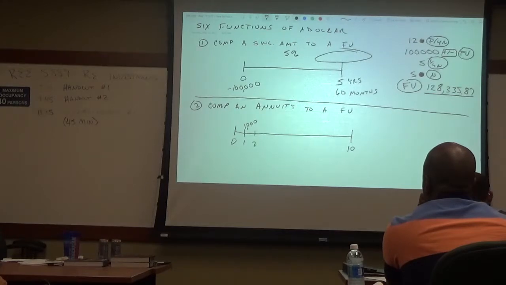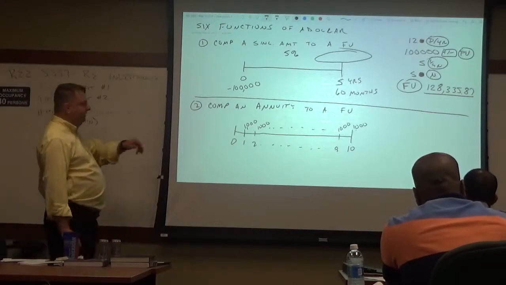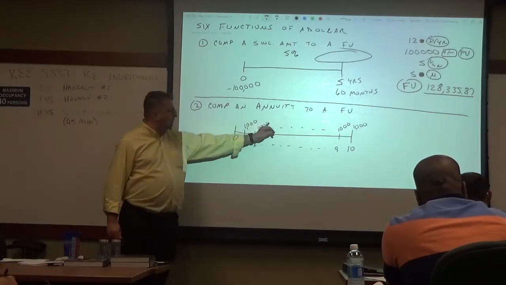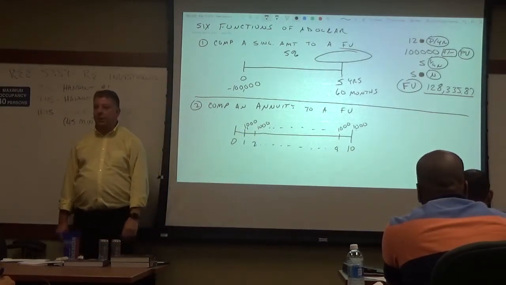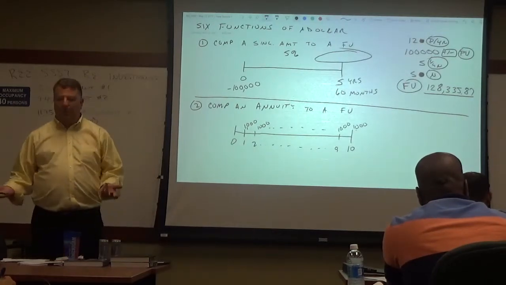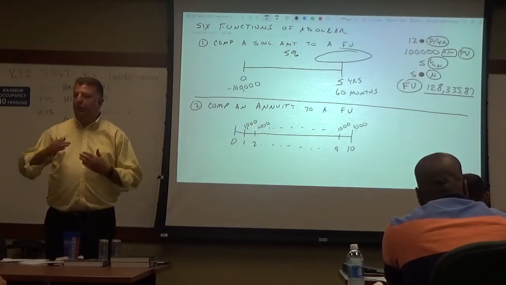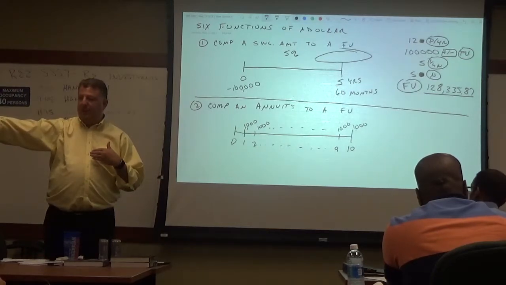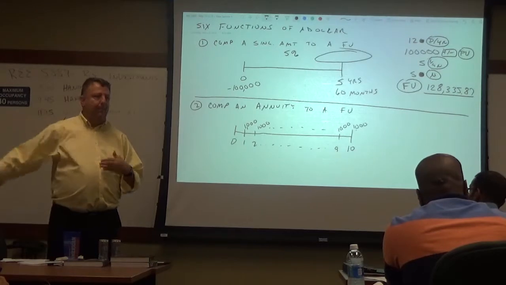So, the timeline: you're going to be making payments, or I'm sorry, receiving payments of $1,000 a year for the next 10 years. So how much total cash are you actually going to be receiving? $10,000. Okay, everybody follow that?